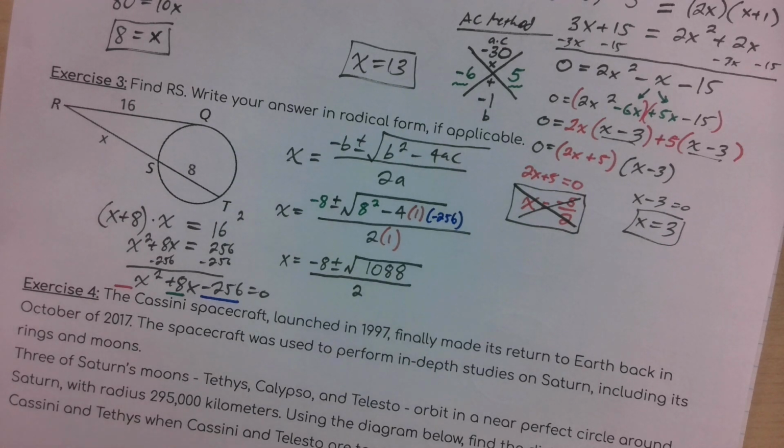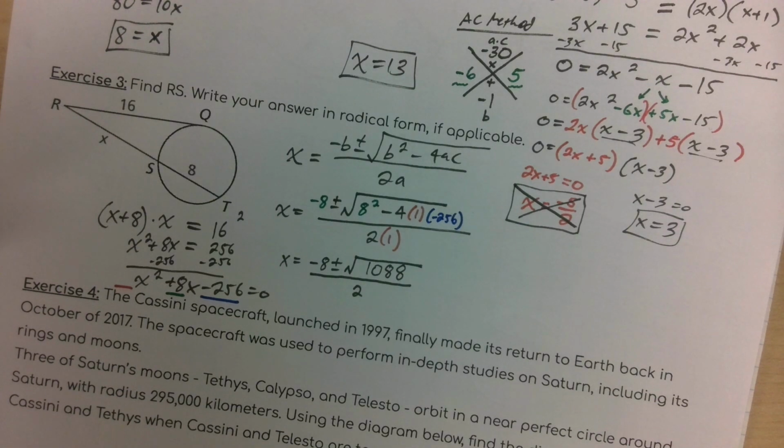What a crazy one. Oh wait, that's not correct. Did I write that down incorrectly? 64 plus 4 times 256. No, that is correct, 1088.